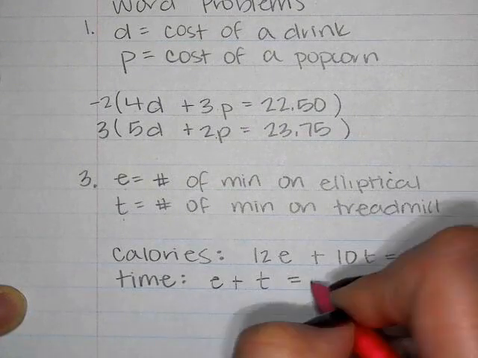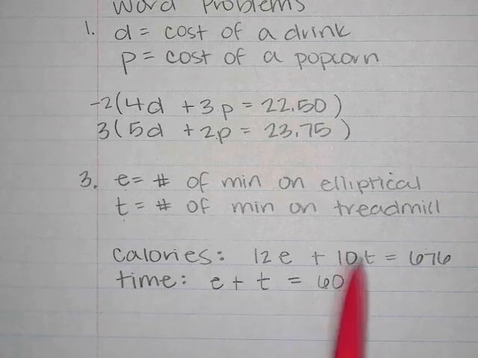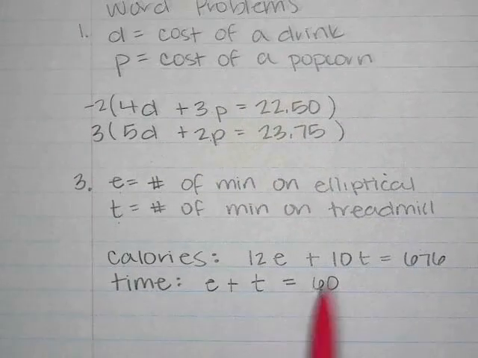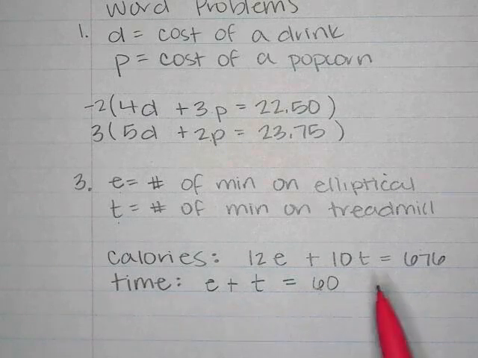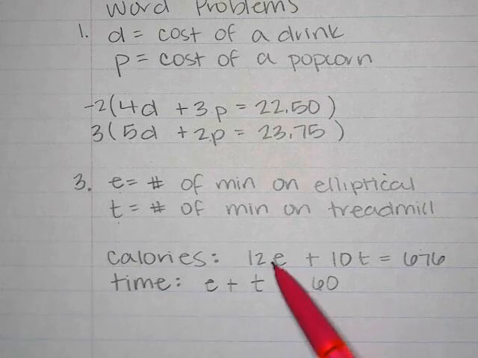So even though they only gave us 4 pieces of information, 12, 10, 676, and 1 hour, those 4 pieces were the perfect amount to write 2 equations. Does that make sense?